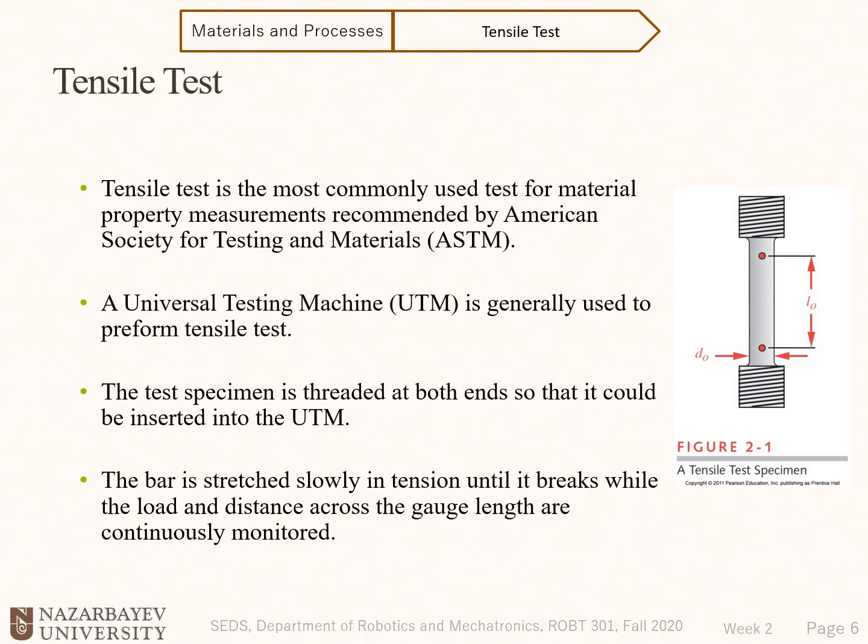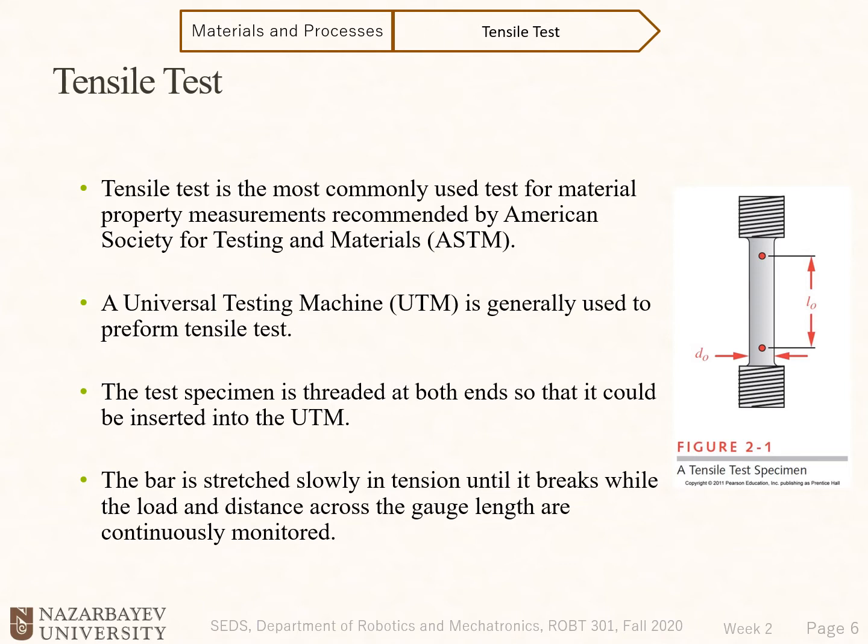Okay, so to extract the mechanical property, we could use different methods. The tensile test is the most commonly used test for material property measurements, recommended by the American Society for Testing and Materials, or ASTM.